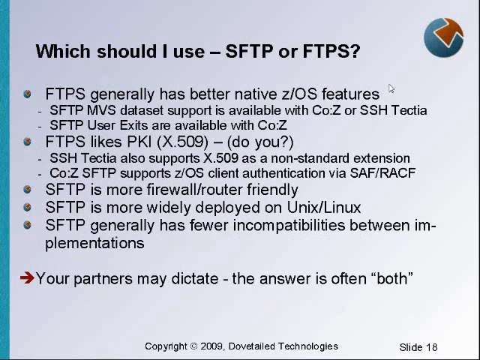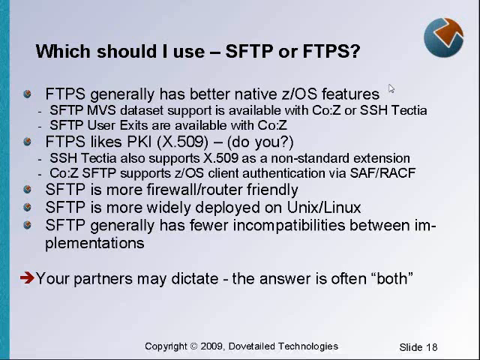So a lot of times we get these discussions about, well, what should I use? Should I use SFTP or FTPS? What's best? Here are some pros and cons that I'll briefly discuss. As you can imagine, I think that everyone would agree that FTPS, IBM's FTP, generally has better native z/OS facilities.